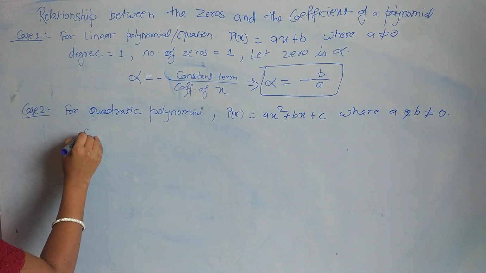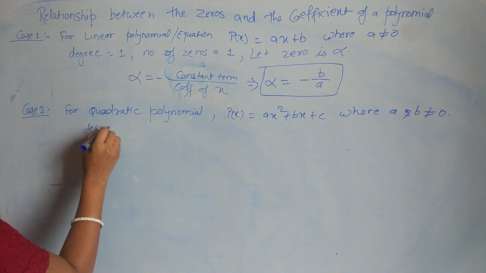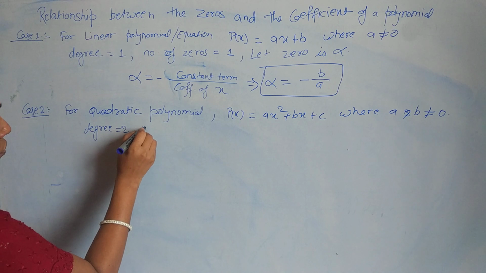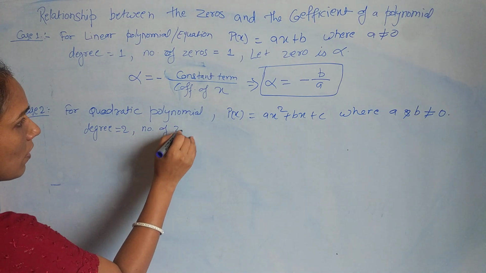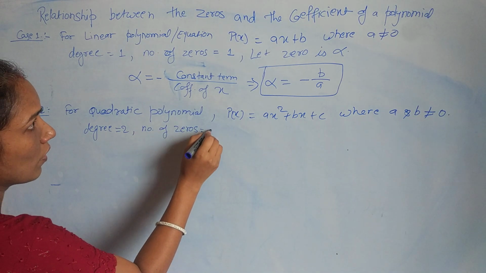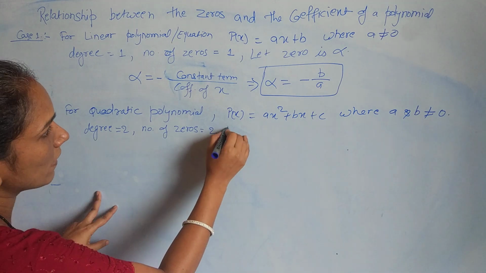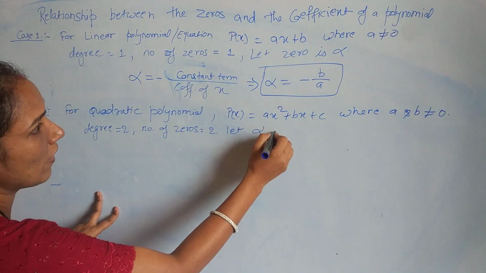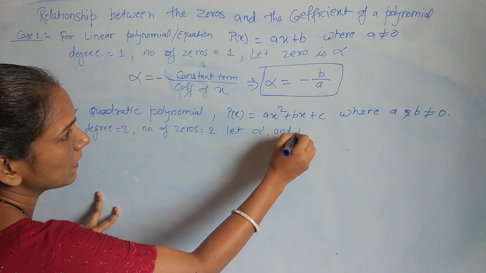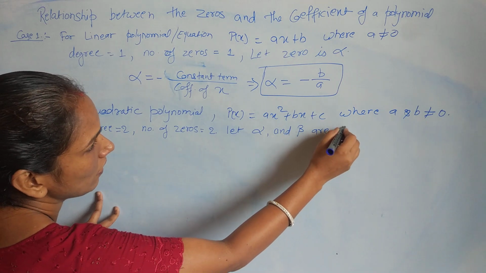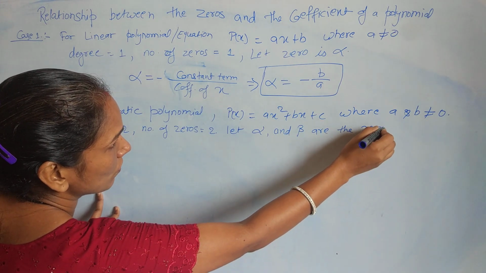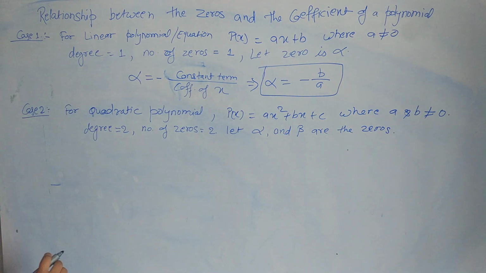Then the degree is 2, so the number of zeros will be 2. Let alpha and beta be the zeros. Then what is the relation between alpha, beta and a, b, c?